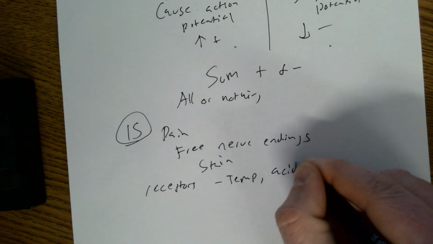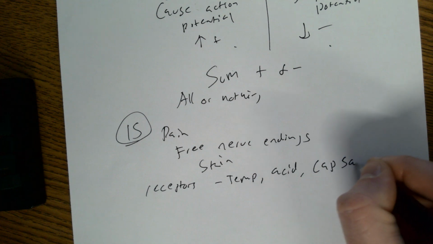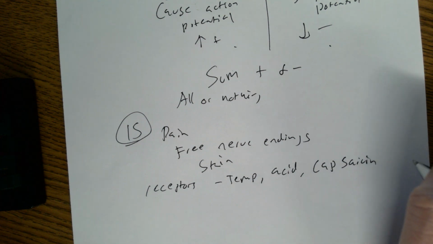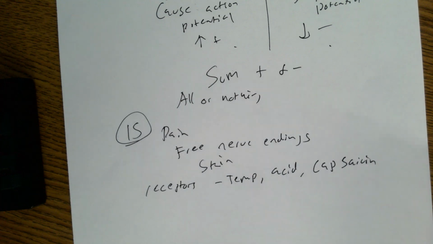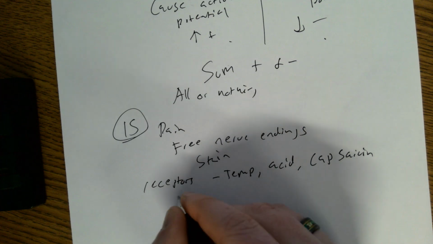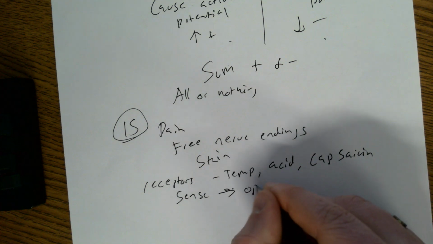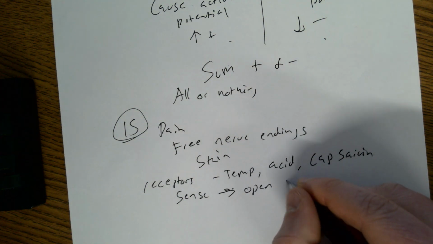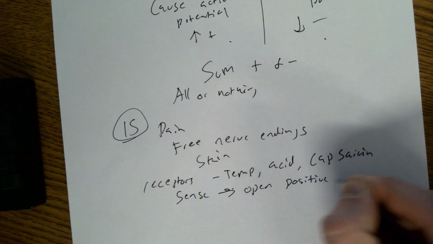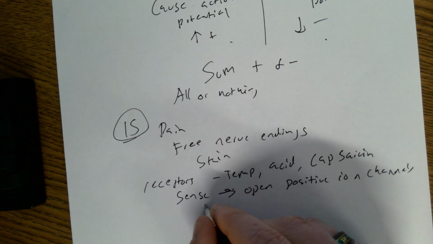acid, capsaicin, which is in chilies, and burning, right? So excess heat as well. They have these receptors, and when the receptors sense it, they open positive ion channels and flood it with positive ions.